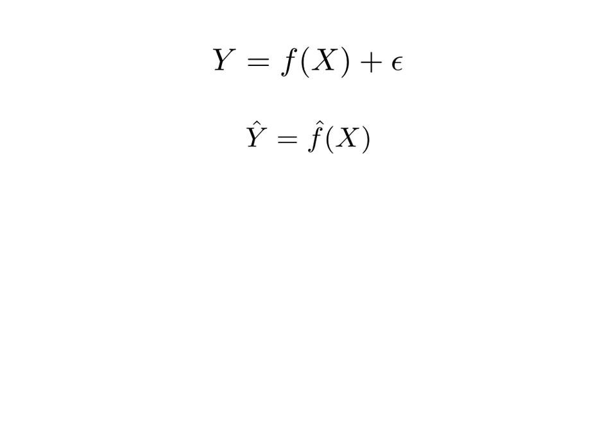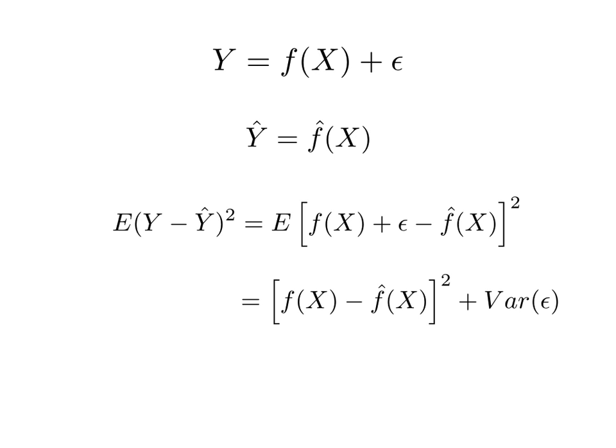So how are we going to measure the accuracy of our classifier, of our f hat? Well, we can do it by measuring the difference between the y hat that we found versus the y that we know we should have. And we can do it using this.